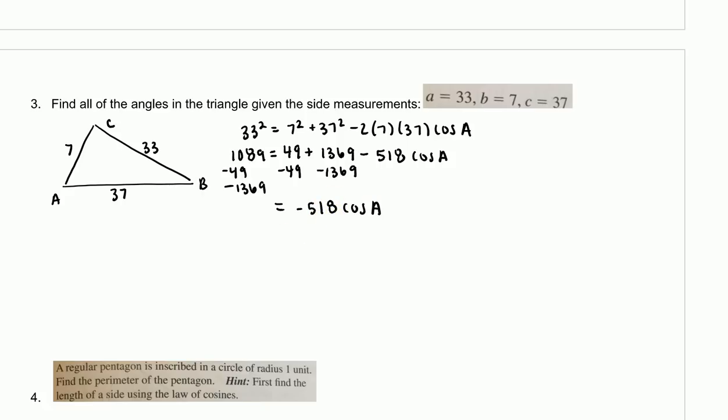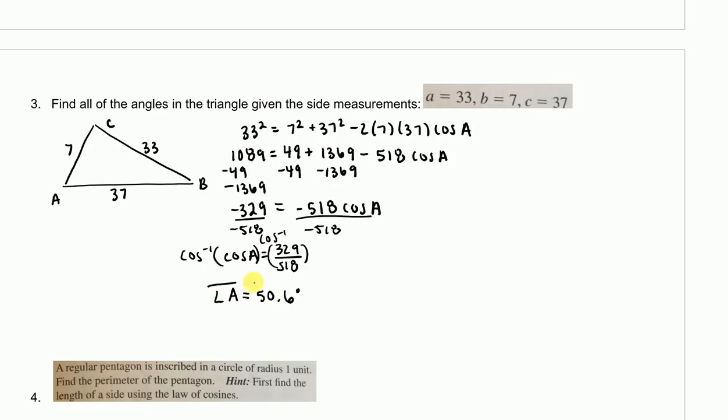So when we subtract both of those values over, we get negative 329 is equal to negative 518 cosine of A. Then when we divide by that negative 518, we find that the cosine of A is equal to 329 over 518. Then we have to do the arc cosine of both sides. Remember, arc cosine is the cosine with that little negative 1 next to it. That gives us that the measure of angle A is about 50.6 degrees.